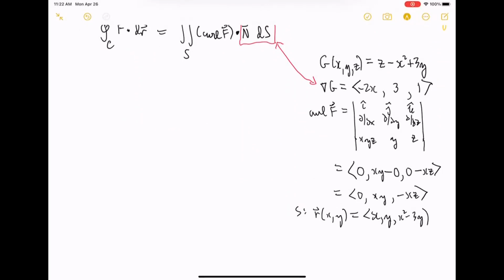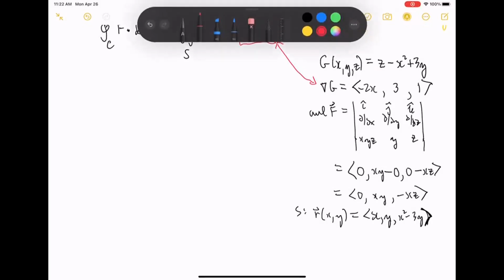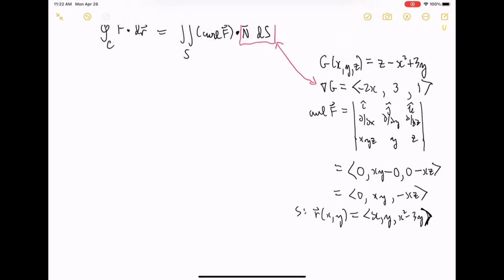Okay, now we have the curl. We have everything we need at this point. Look at this. We have the curl, it's right here. We have our normal vector, and we've kind of taken into account the dS piece.